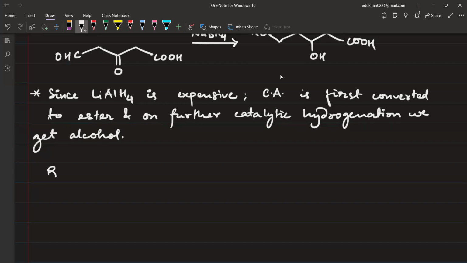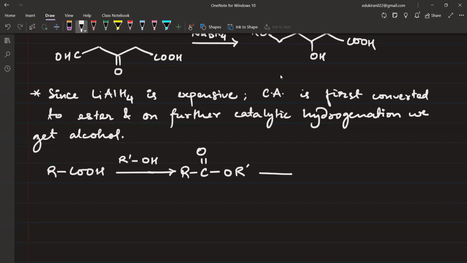Okay, so RCOOH, we first of all react this with any alcohol, R dash OH. This gives us the ester R, C double bond O, and OR dash. Now, when this reacts with H2 in the presence of nickel, Pd or Pt, as we have seen in the previous lecture, it becomes RCH2OH. Okay, this part.